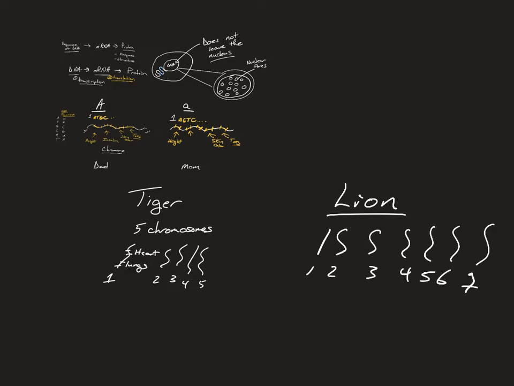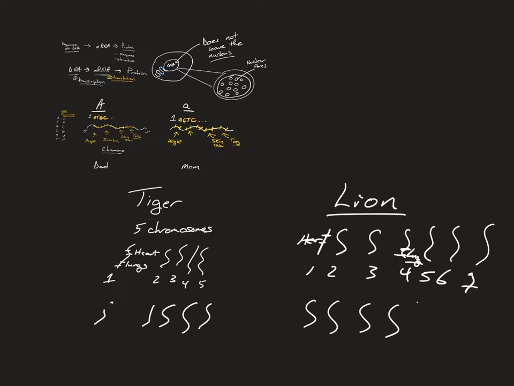Maybe their chromosome number 1 has a heart, but maybe their lung gene is on 4. Now, normally, they have 2 pairs, right? So this has 5 and this has 7, 2 of each.